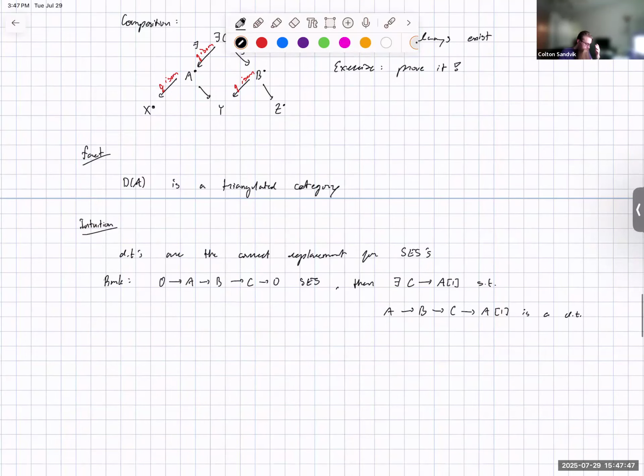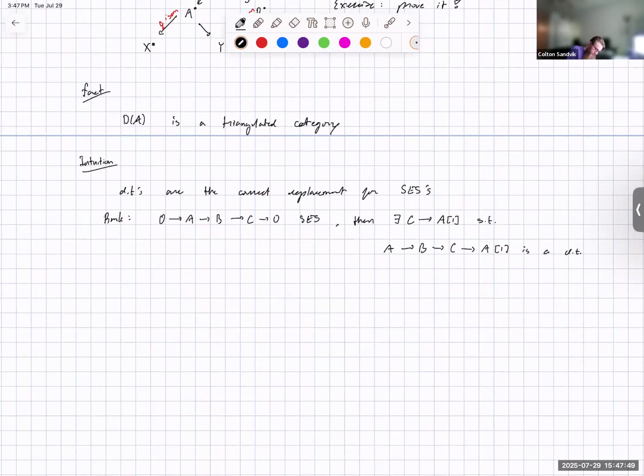So here's a fact. If we have a map called cohomology, I should probably put an i on it.